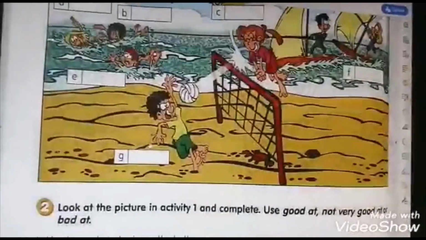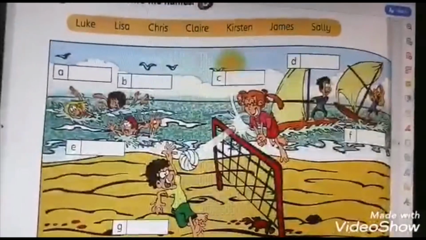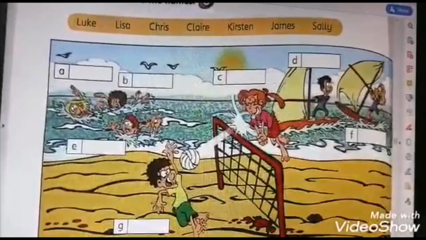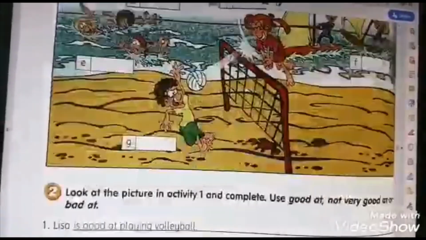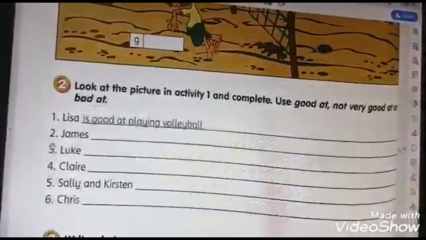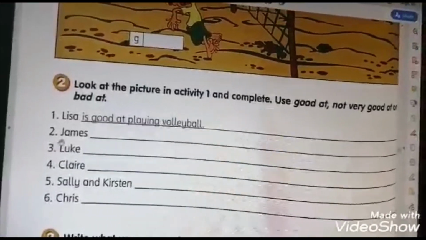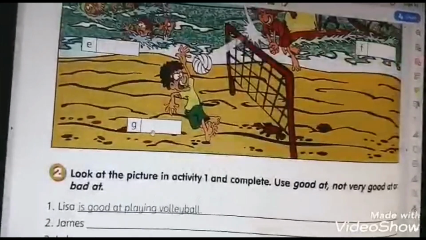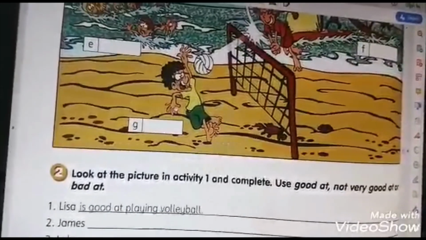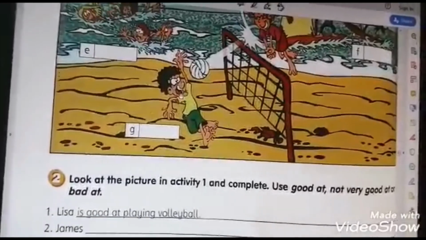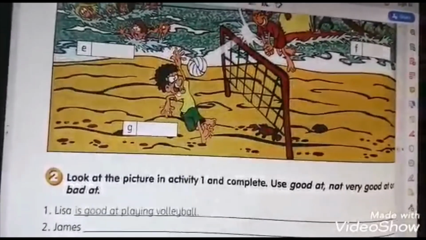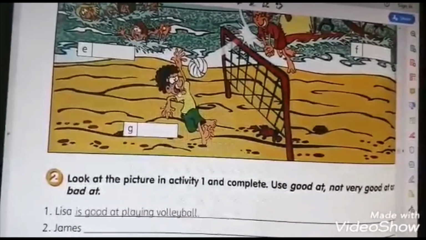So who is Lisa? The girl who is playing volleyball, number C, that girl's name is Lisa. So James, who is James? Yes, James. G, the boy who is playing volleyball. Look at his face, I already explained. So James isn't very good at playing volleyball.